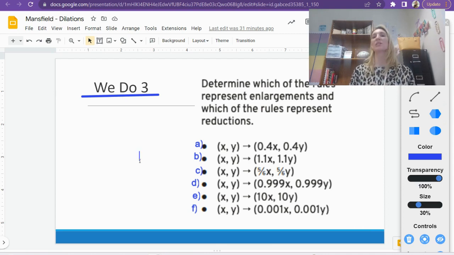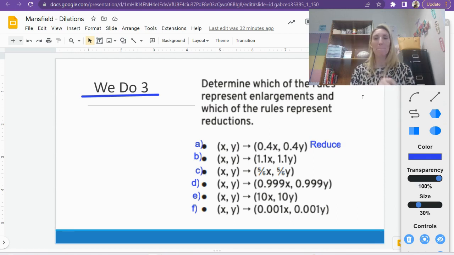Letter A. It says 0.4x, 0.4y. 0.4, bigger than 1 or smaller than 1? 0 point whatever, smaller than 1, right? If 0.4 is smaller than 1, this is a reduction. We can write reduce because it's getting smaller. It's shrinking. Is that okay?